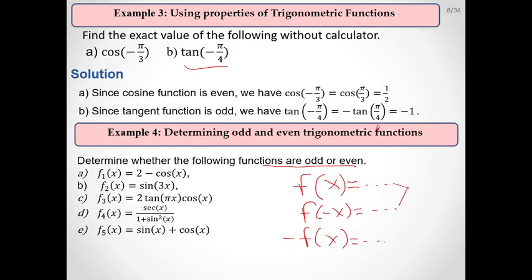Then if the first two are the same, we say f is even. Now if the other two are the same, then we say f is odd. Now if the first two are not the same and the second two are not the same, in this case we say f is neither of them.